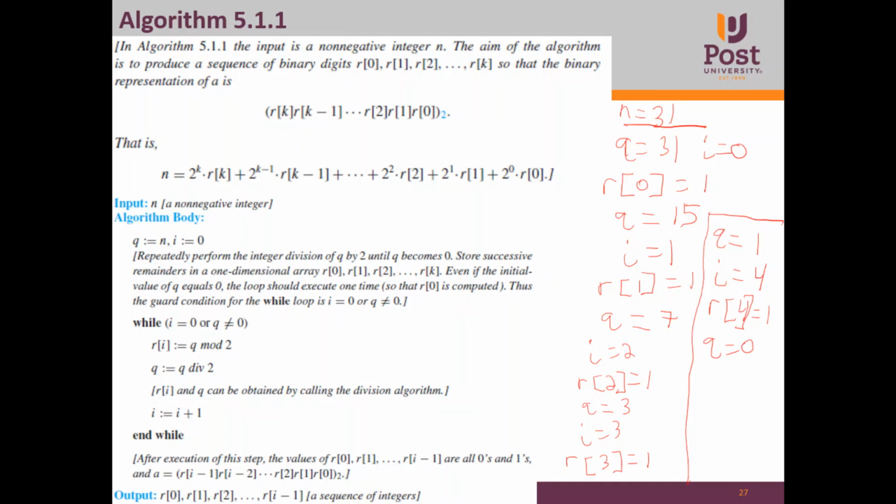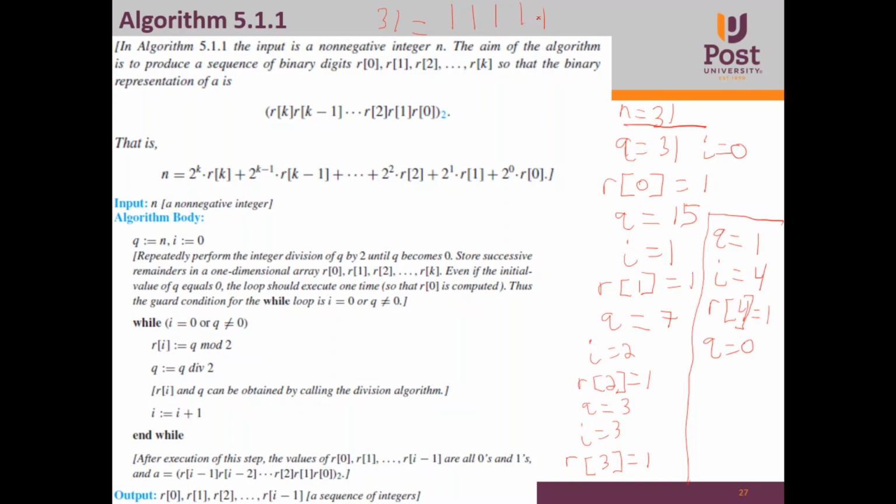We could then rewrite the number in binary based upon all those remainders. For the number 31, if we wanted to write that very quickly in binary, that is 1, 1, 1, 1, 1.